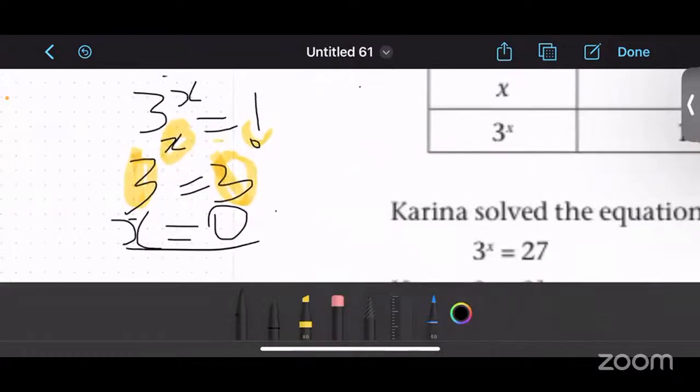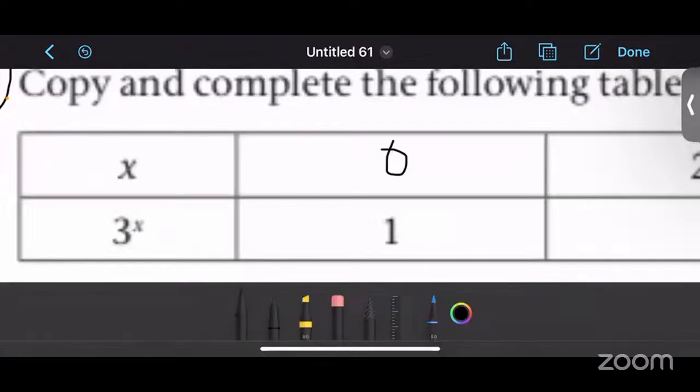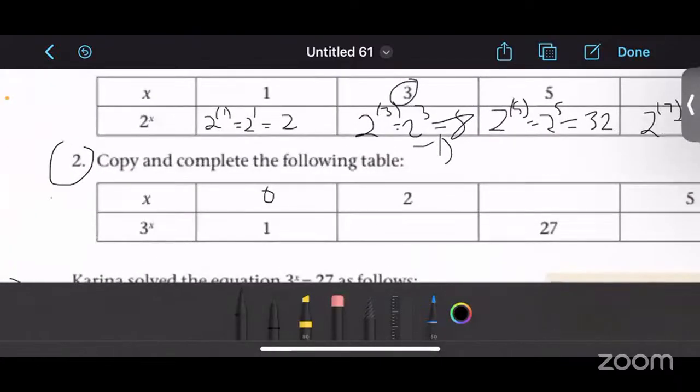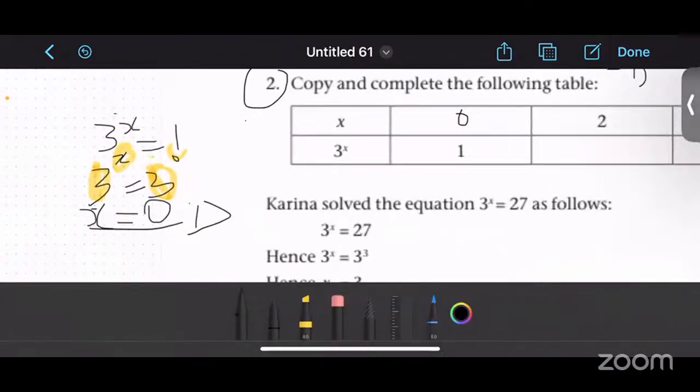And then this is going to be your final answer. So here it's going to be 0. Did you get that? Yes.